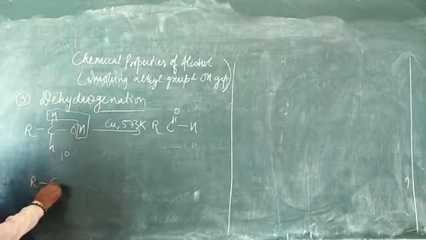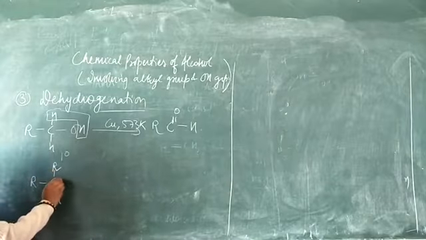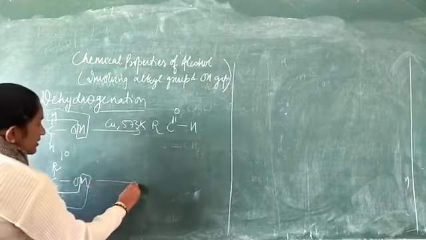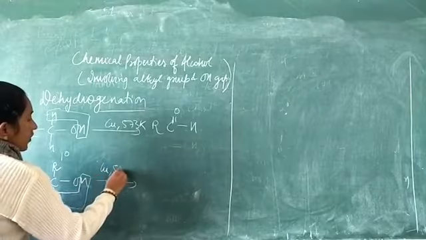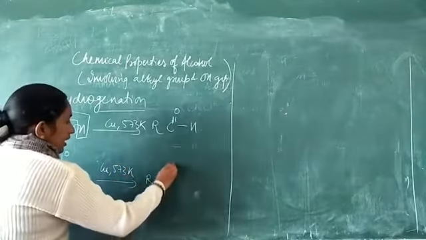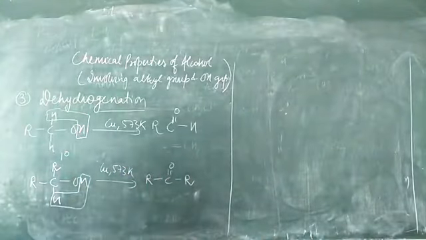Now if we have secondary alcohol, in this case, same, in presence of copper at 573 Kelvin, students, we will get a ketone as a product. Right?